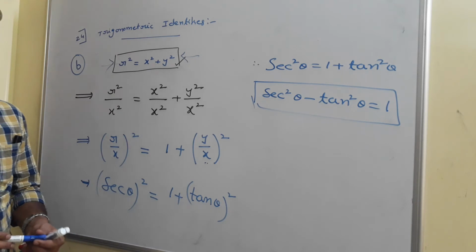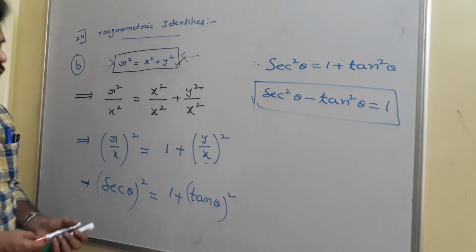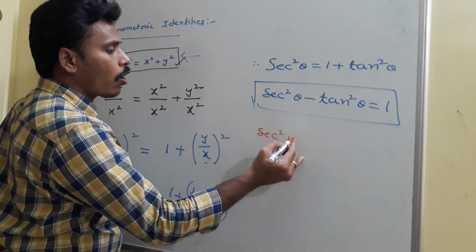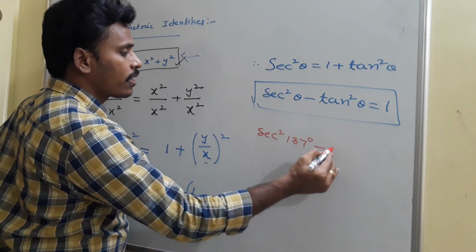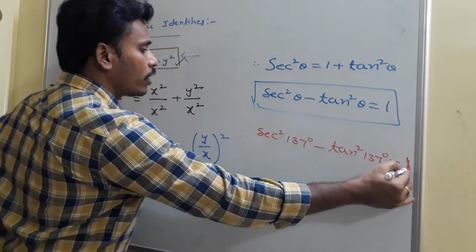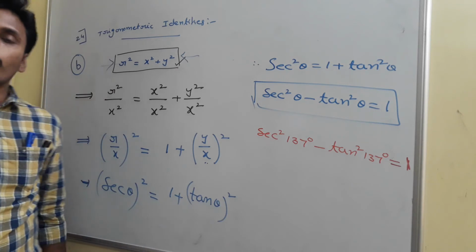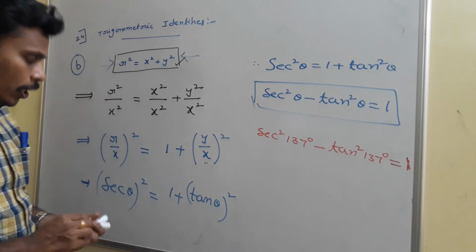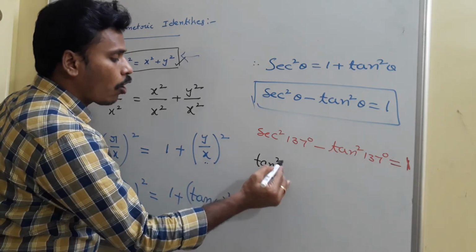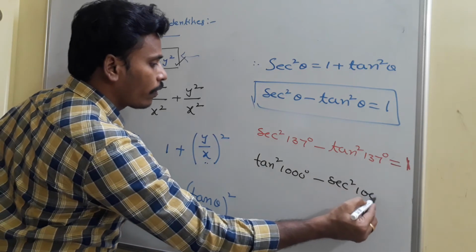Okay, just have a look at this. Secant square theta minus tan square theta is equal to 1 for all the values of theta. Suppose you have any angle in the place of theta, like secant square of 137 degrees minus tan square of 137 degrees, for sure its value is 1. Take any angle in the place of theta. If it is of the format secant square theta minus tan square theta, its value is 1. And suppose I have tan square of 1000 degrees minus secant square of 1000 degrees.